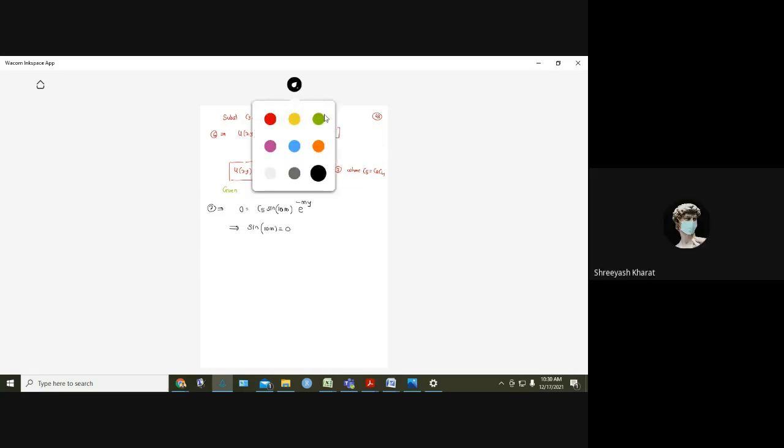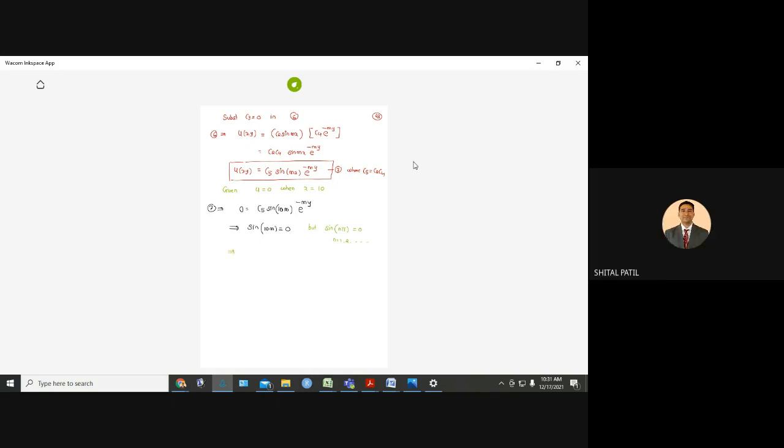But we know that 10m is equal to n pi. We know this. So compare them: 10m equal to n pi. Hope everyone is getting this.